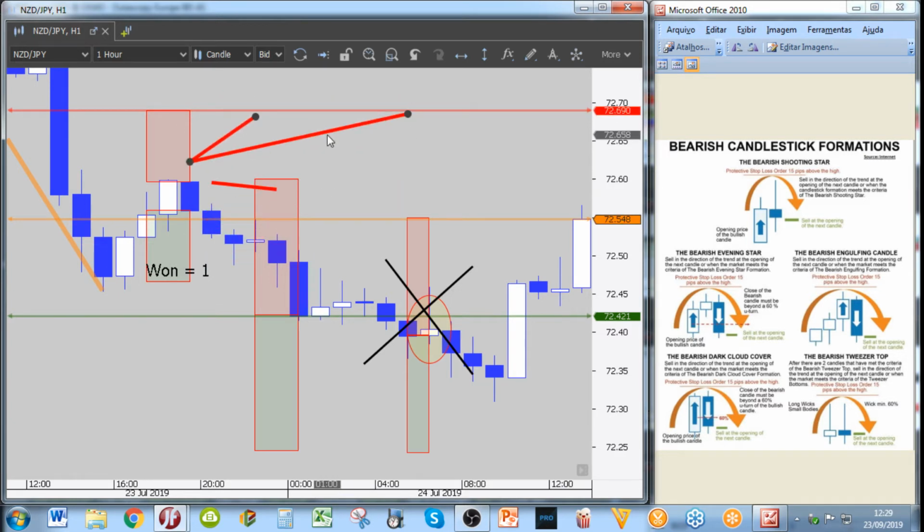Especially because one of the main points of a scalper is risk reward 1-to-1. So we won one, but if we don't obey our education, we would lose here. So we won one, we lost one, right?